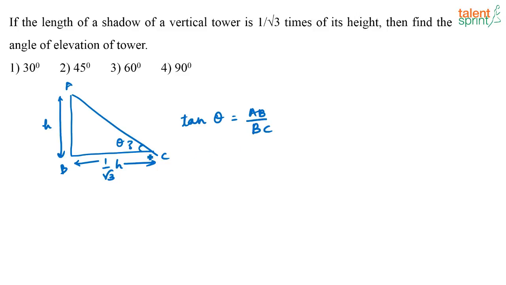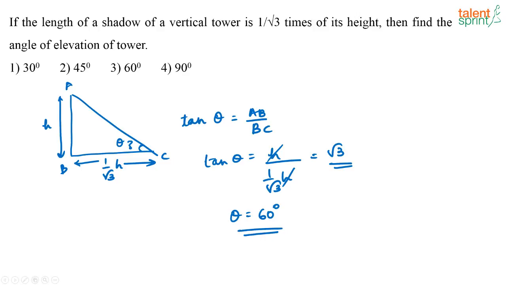Here tan theta is equal to H by 1 by root 3 H, that is equal to root 3. So if tan theta is root 3, what is the value of theta? Theta is equal to 60 degrees, because we know tan 60 is root 3. So the angle of elevation is 60 degrees, that is option 3.